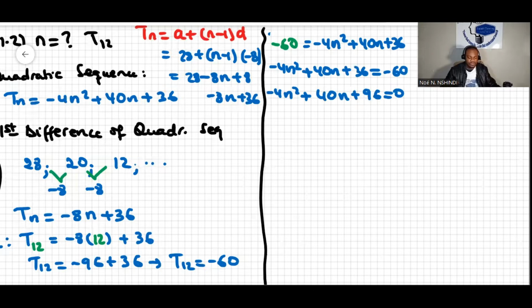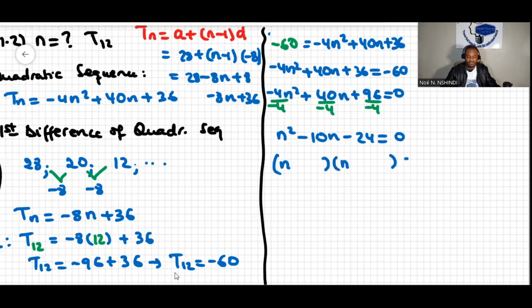Now we notice that each term here is a multiple of -4, so I will divide each term by -4, and this will be n squared minus 10n, and 96 divided by -4 is -24, equal to 0. Now we can solve this by factorization. I write open bracket n, close bracket, open bracket n, close bracket equal to 0.